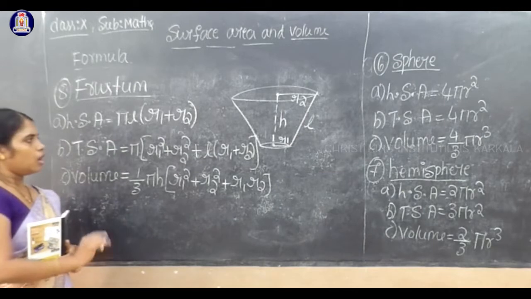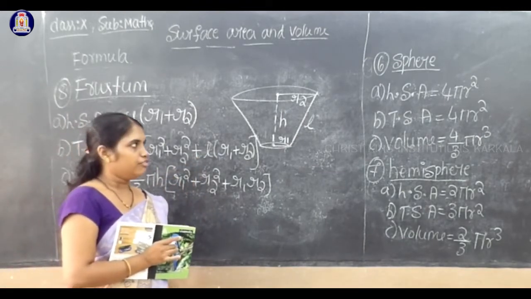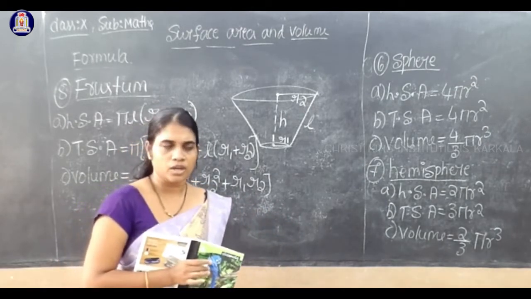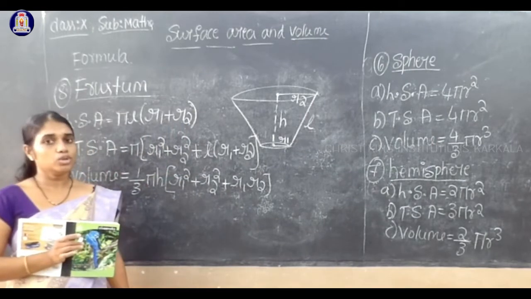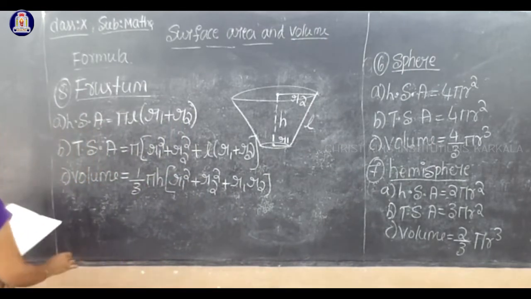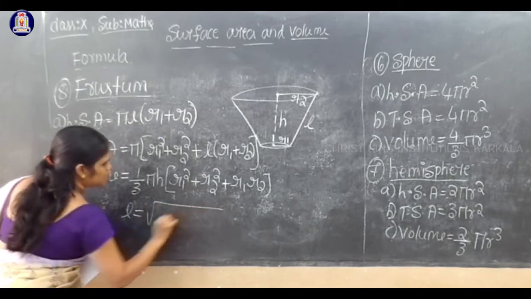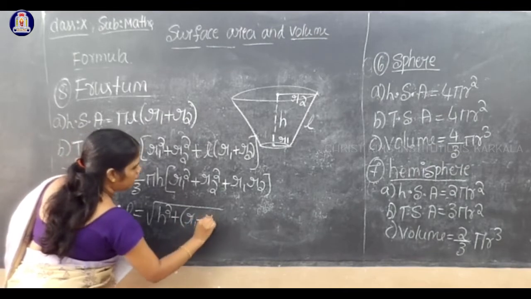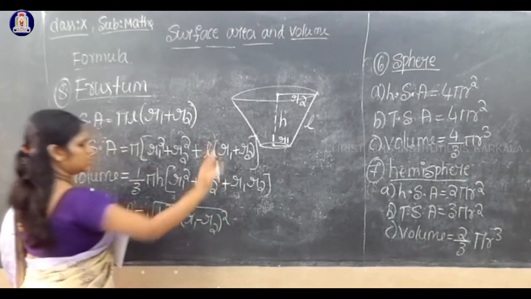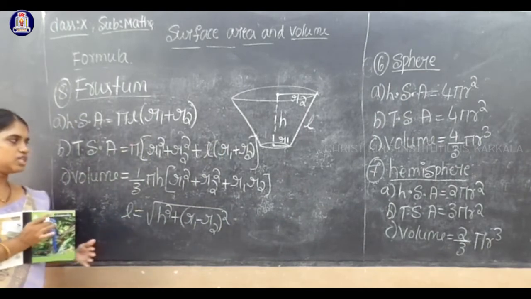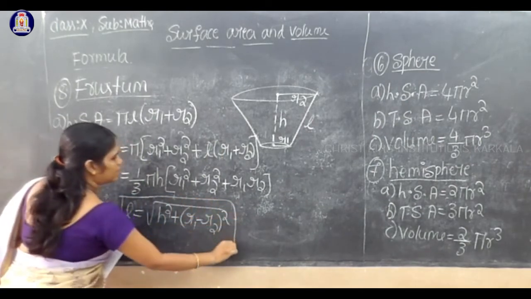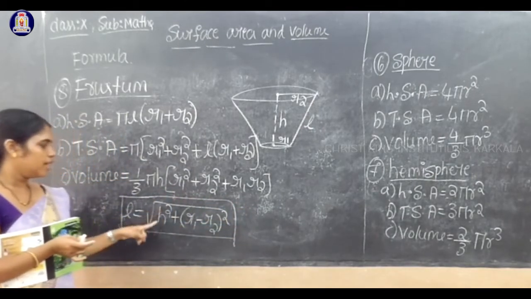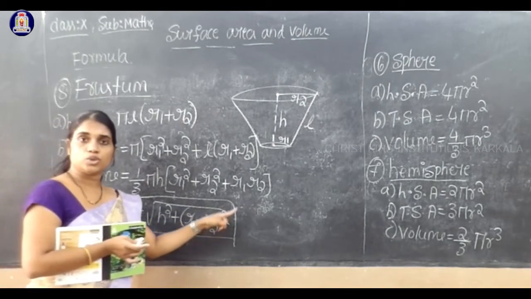But here, how to calculate the L value? If it is a cone, then the L value is calculated by square root of H square plus R square. But in the case of a frustum, how to calculate the value of L? Here L is given by square root of H square plus (R1 minus R2) whole square.